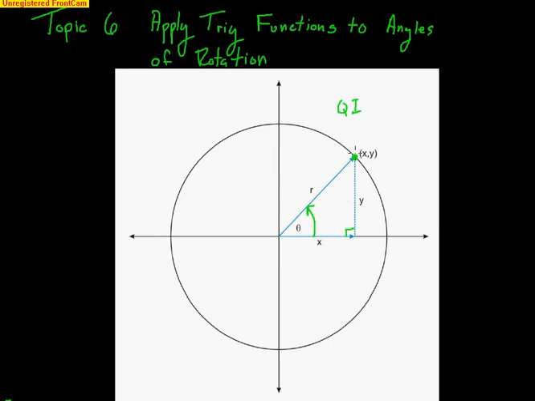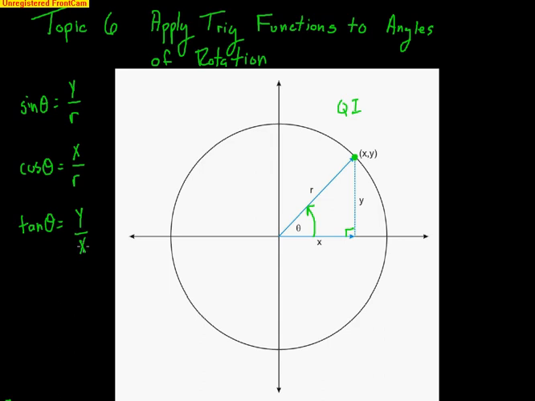So I could identify sine of theta as the opposite side y divided by the hypotenuse r. I can do the same with cosine. Cosine of that angle would be the adjacent side x divided by the radius r. Tangent of that angle would be the opposite side y divided by the adjacent side x.